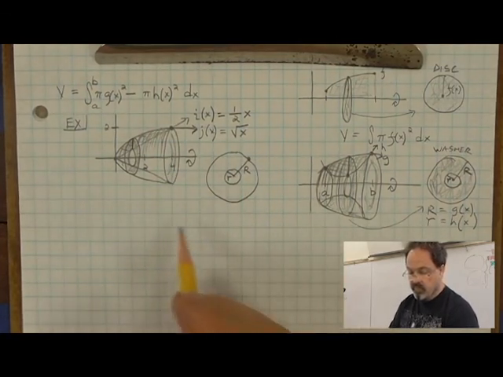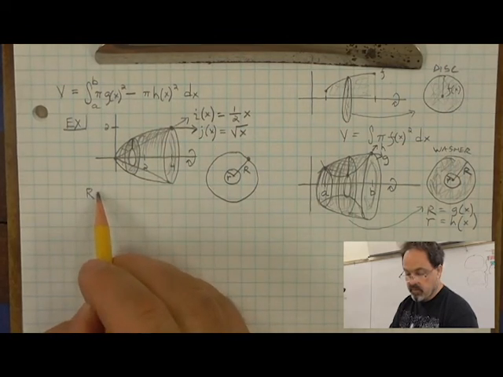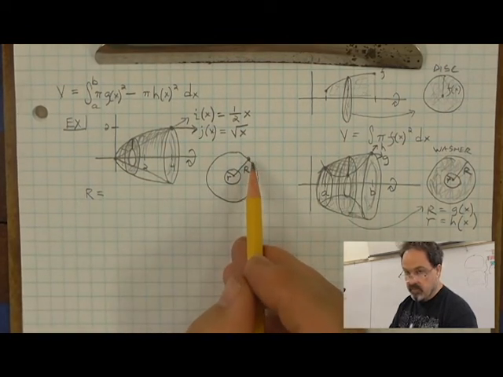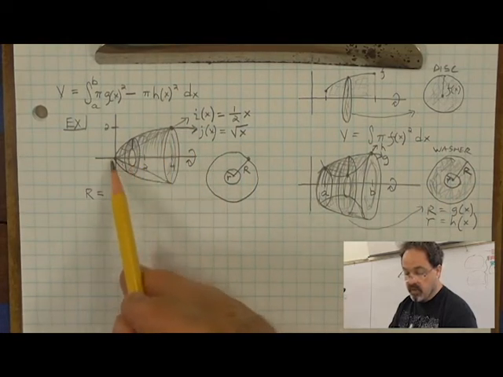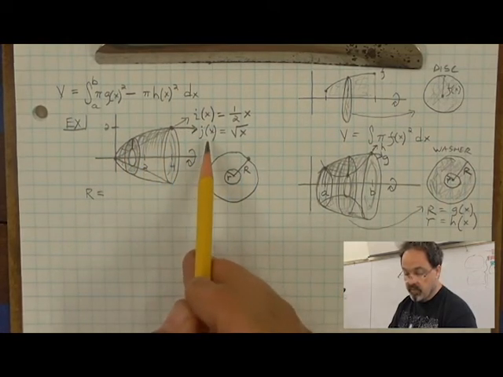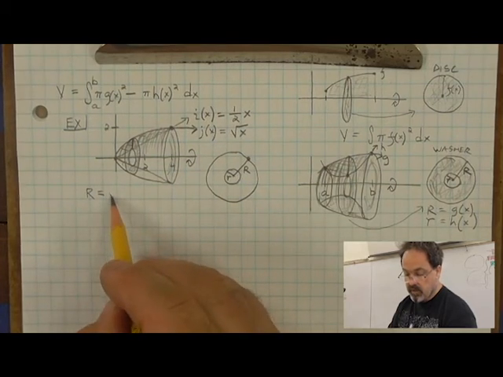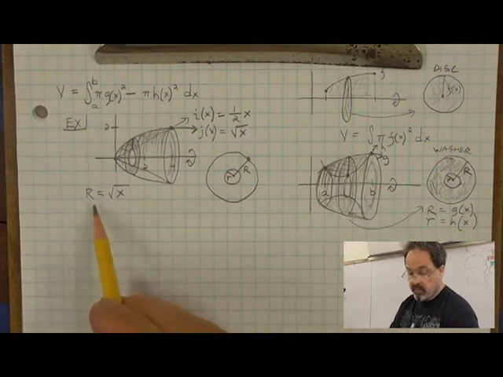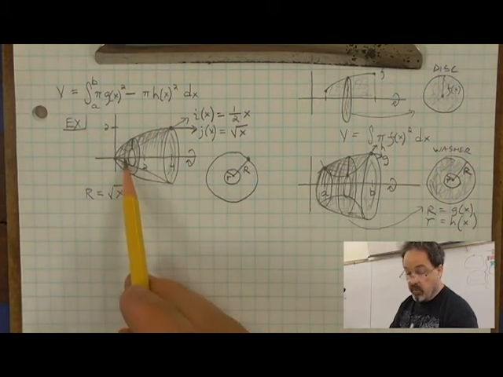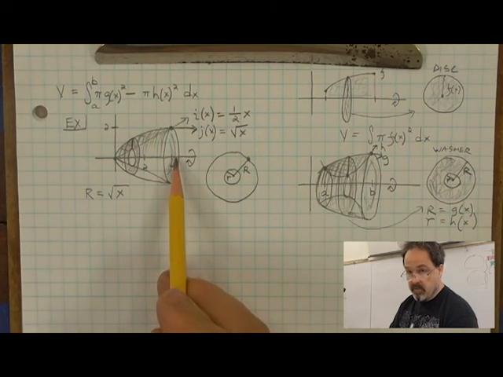But somewhere in this presentation, I want to be clear that capital R, the radius of the larger circle, always comes from the function that is on the top in this presentation, which I've labeled j. It's the root function. Capital R's radii are going to be radical x. The radius is going to be different depending on where you are on the x-axis in the domain.